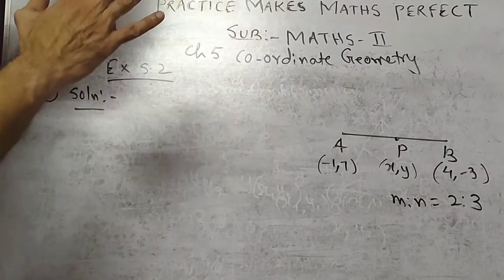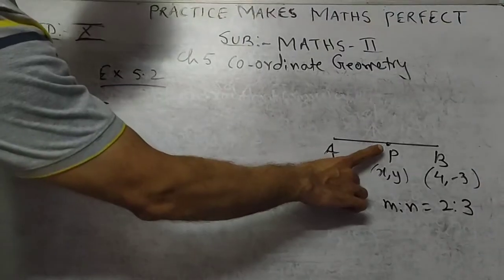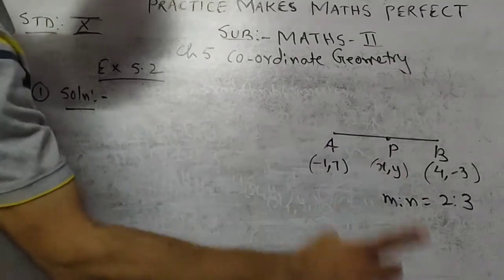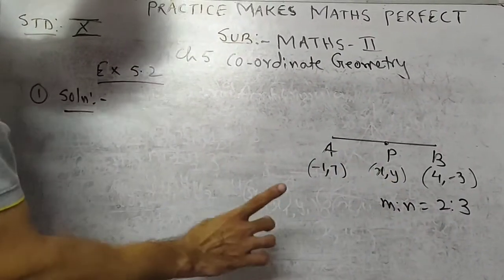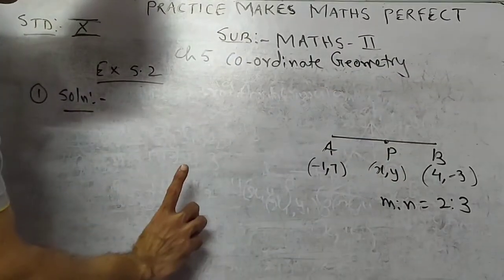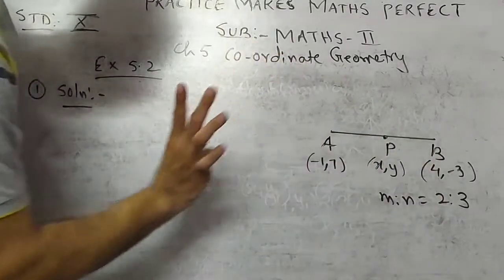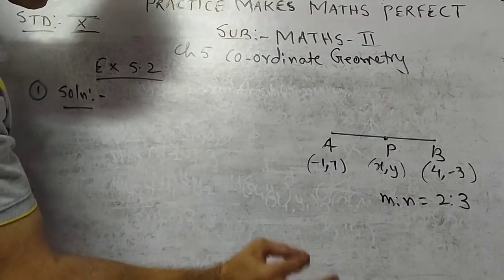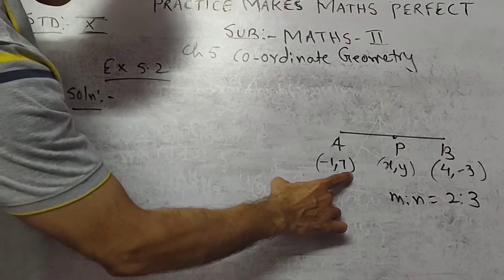Now come to practice set 5.2. First sum. Find the coordinate of point P. So we will assume x comma y, which divides the line segment AB in ratio m is to n, that is 2 is to 3. The ratio is given to you. A coordinate is (-1, 7).